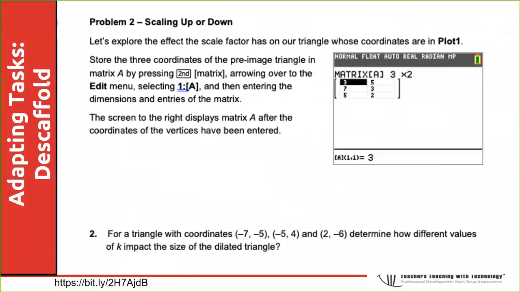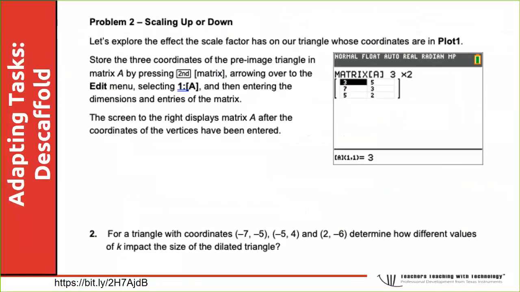Yep. But instead of having those 4, 5, and 6 where we said larger, smaller, equal, let's just ask students to figure out how different values of K in that dilation matrix impact the size of the triangle.